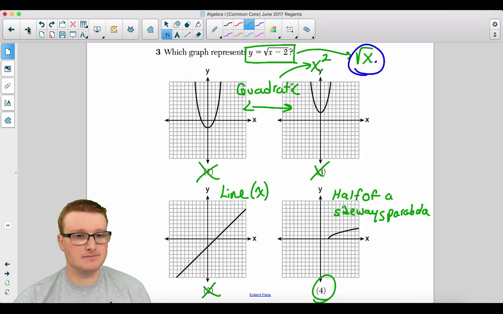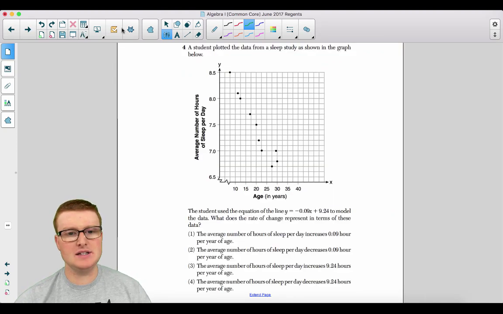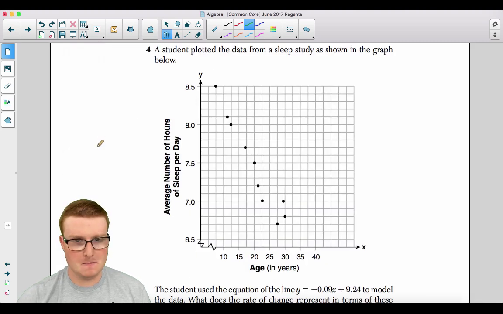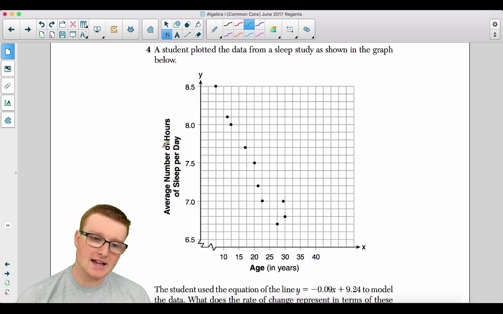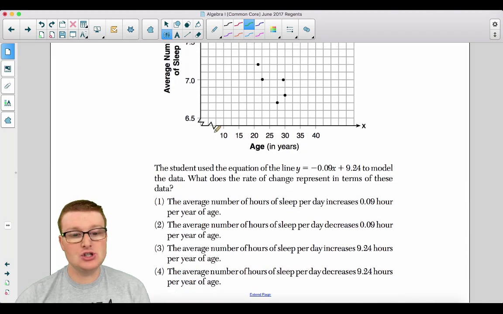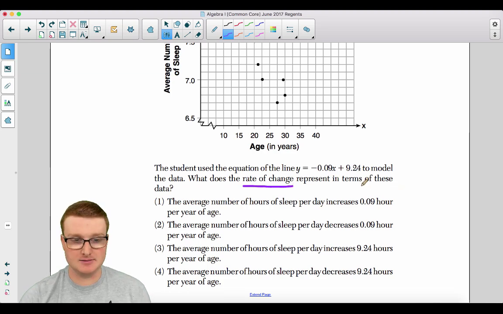Number 4. A student plotted the data from a sleep study in the graph below. The y-axis shows average number of hours of sleep per day, and this shows the age. The student used the equation of the line y equals negative 0.09x plus 9.24 to model the data. What does the rate of change represent in terms of these data?